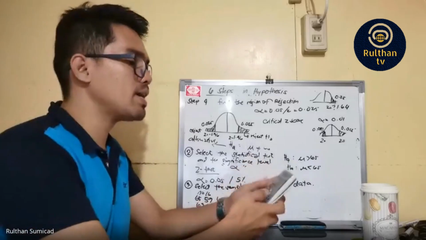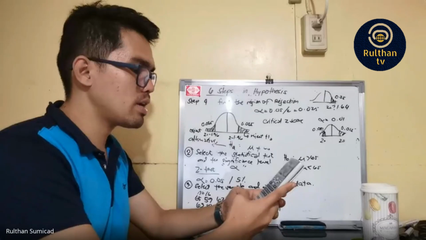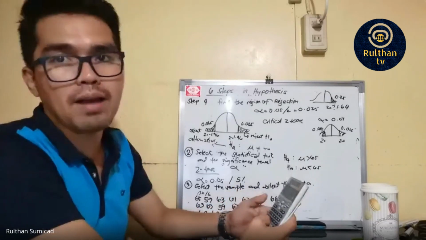That's basically 0.5 minus 0.005. It's 0.495. Look for the Z score equivalent to 0.495.